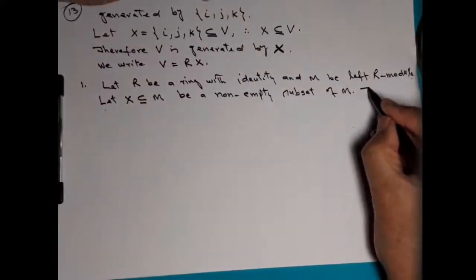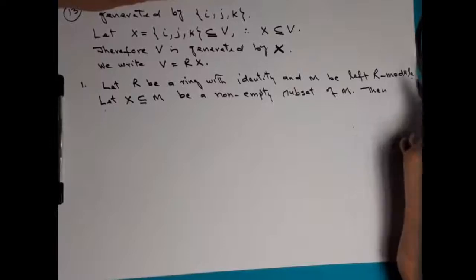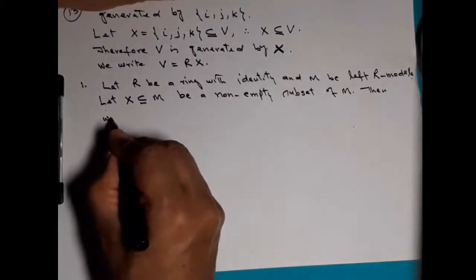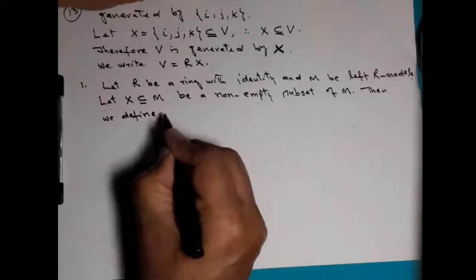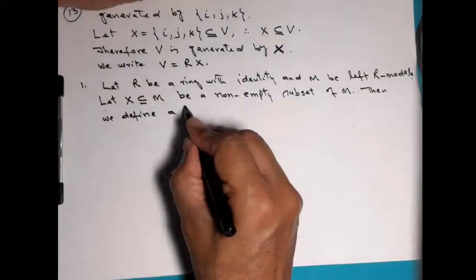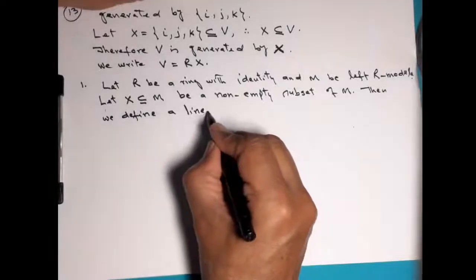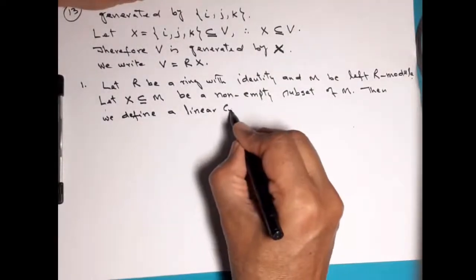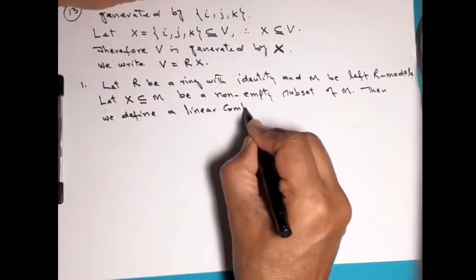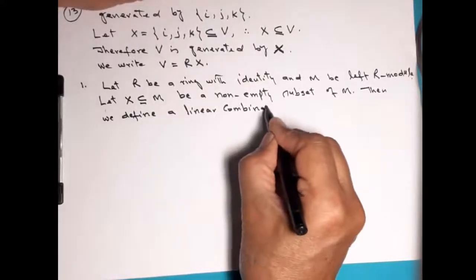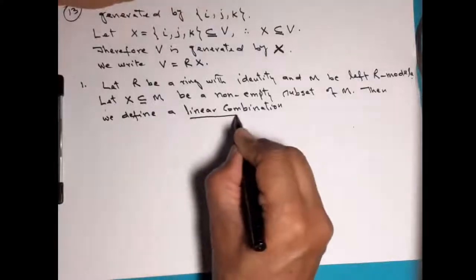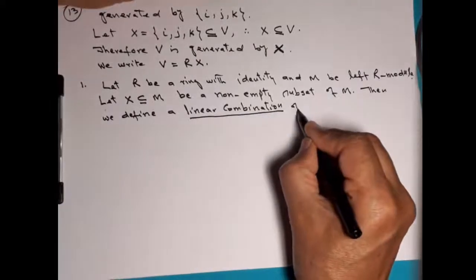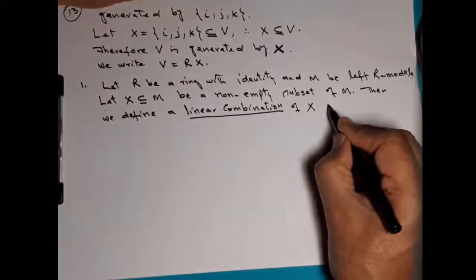Then we define a linear combination of X as follows.